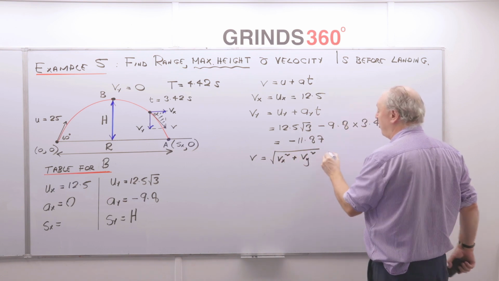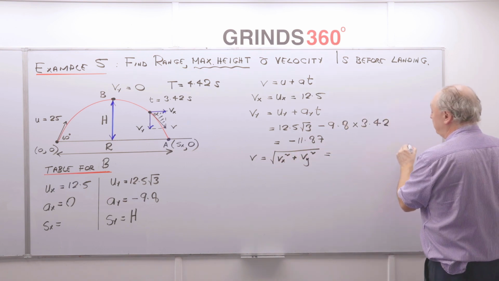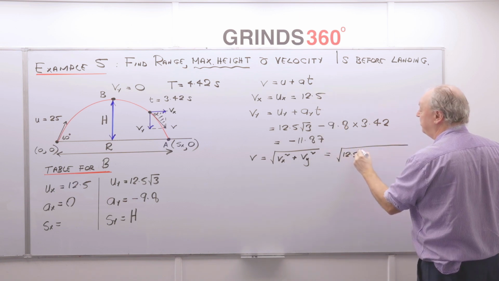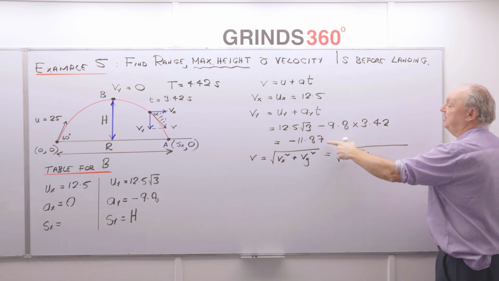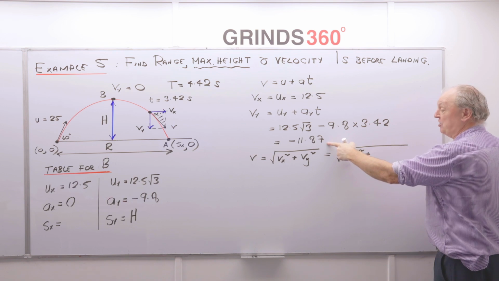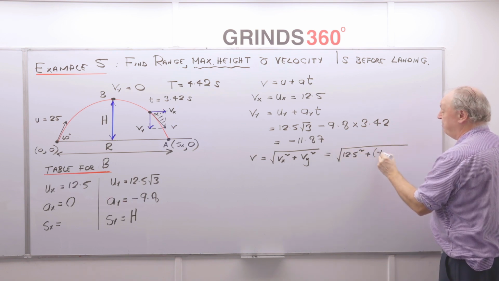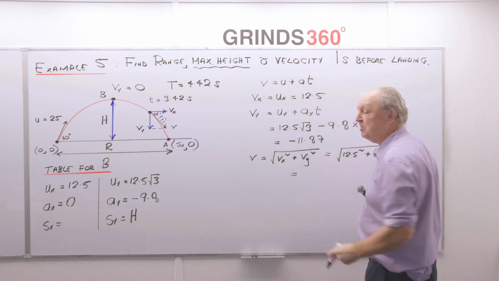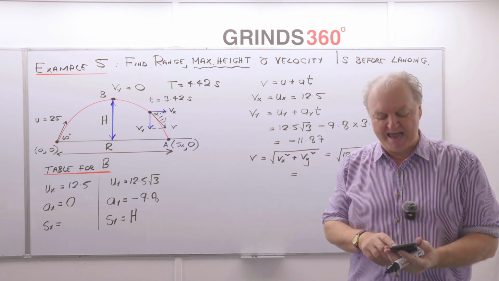We talked about that before. That's equal to the square root of vx squared, 12.5 squared, plus, you can ignore the minus if you want because you're going to square it. Throw it in if you want, minus 11.87 squared. So that will give me the speed 1 second before landing.